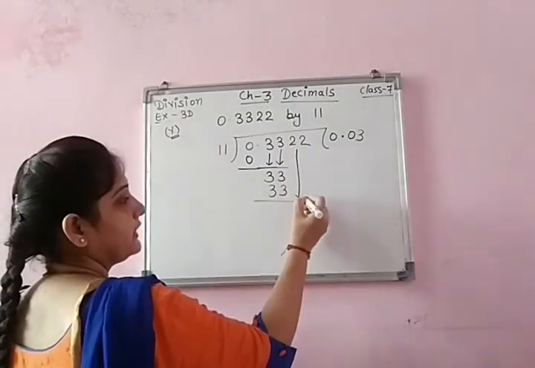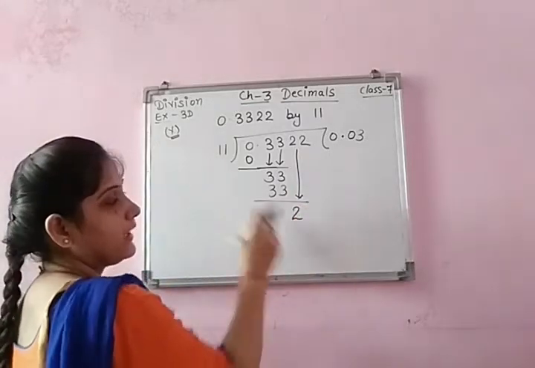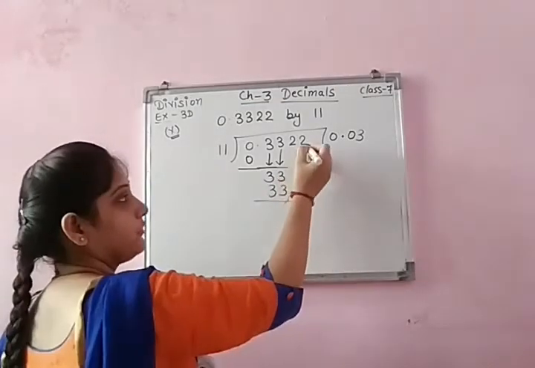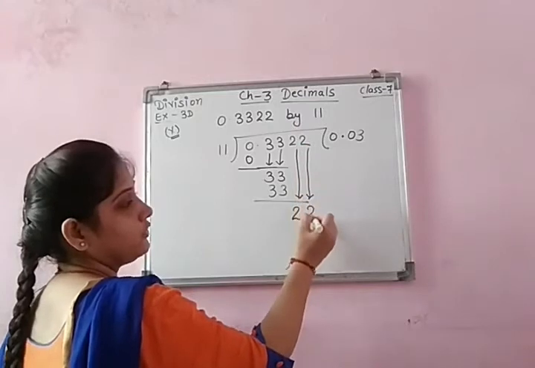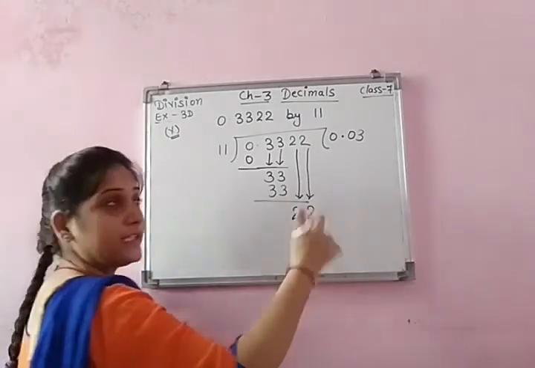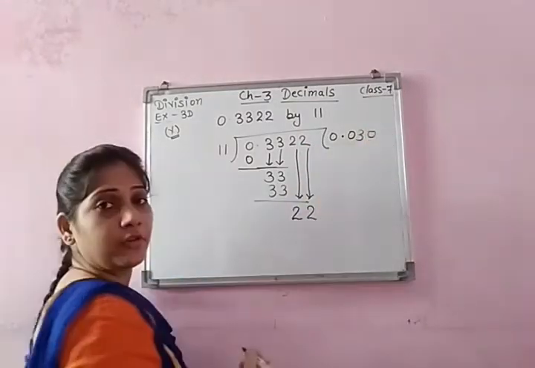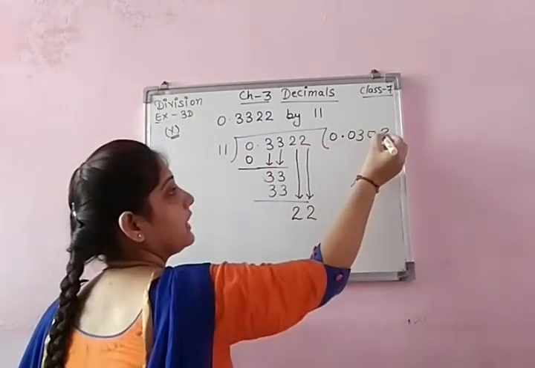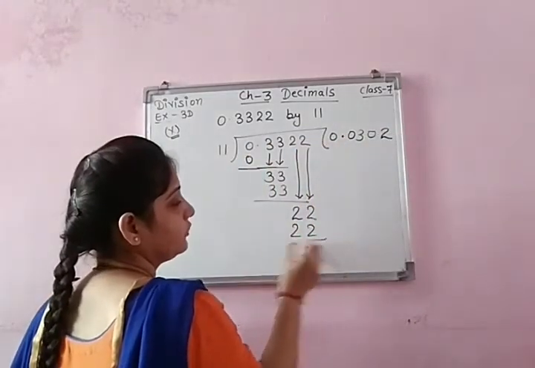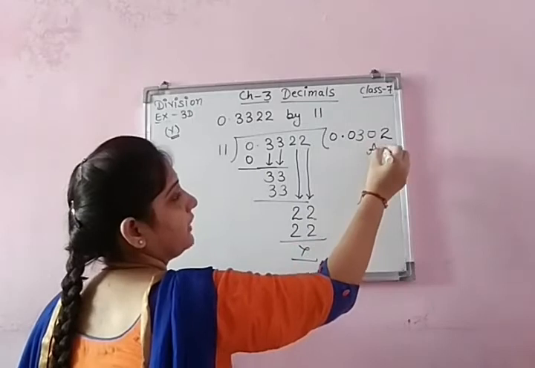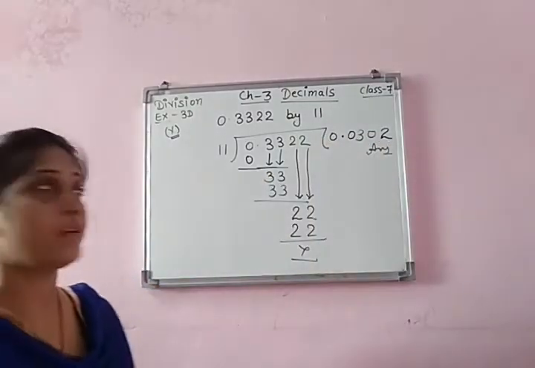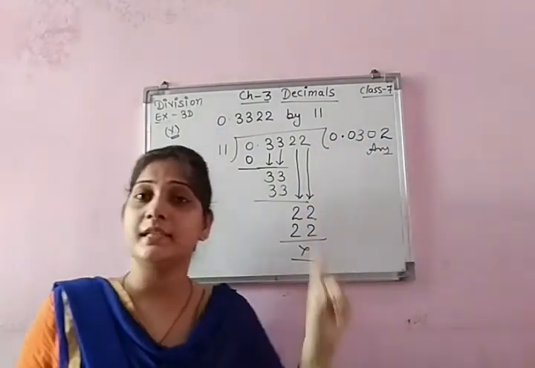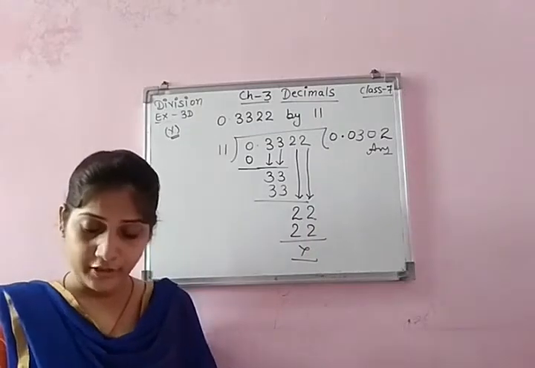So we have to write this 2. Now 2 doesn't come. So we have to write this 2 also. So if we are writing 2 digits together, again we have to give 1 0 to the quotient. Now 11 2s are 22. So in this way we can divide. So our answer is 0.0302.